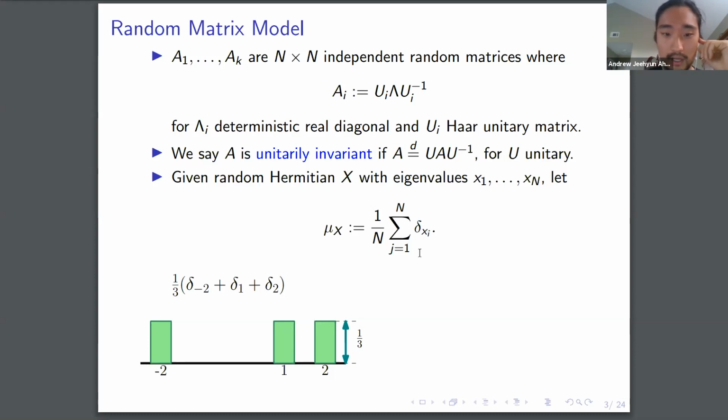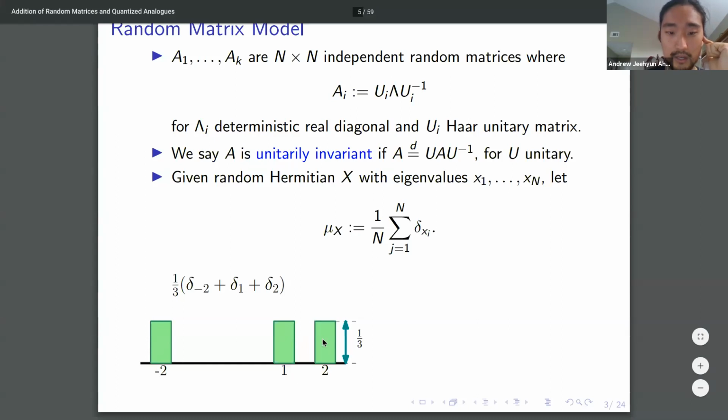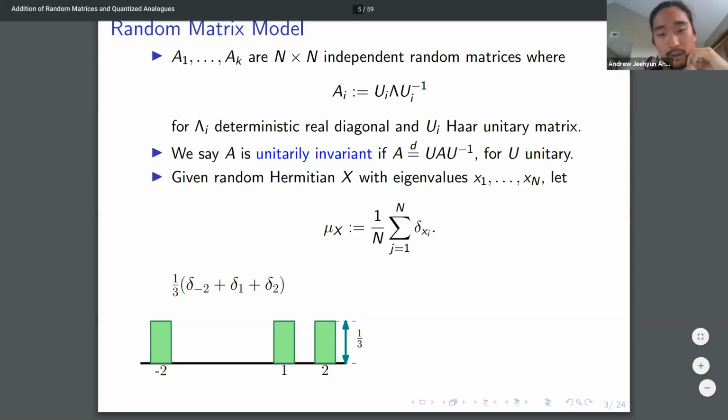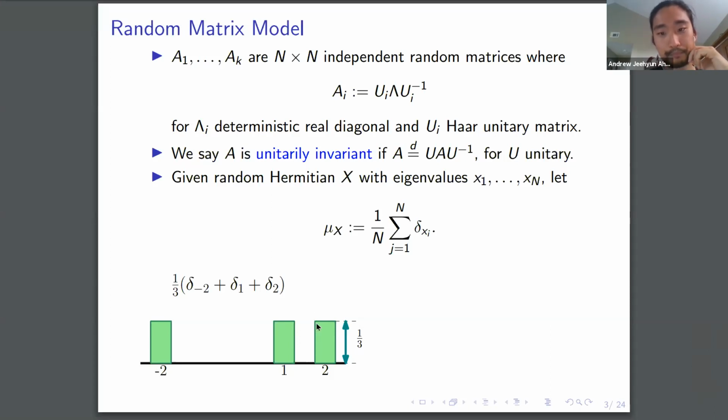So one way to picture this is, if X has eigenvalues at -2, 1, and 2, we're just going to put a mass of 1/3 on top of each of the positions of the eigenvalues. And you can think of this as some sort of random histogram, or, if the eigenvalues are random, this is some random histogram.